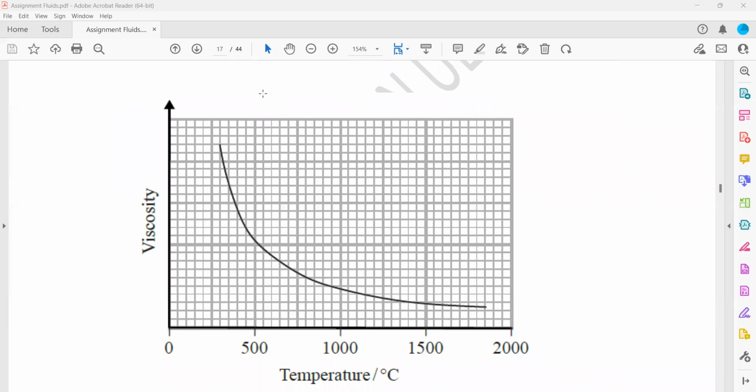As you can see, when we are increasing the temperature, in the beginning at low temperature, the viscosity is high. And the graph shows that viscosity and temperature are inversely related because it's a curve.